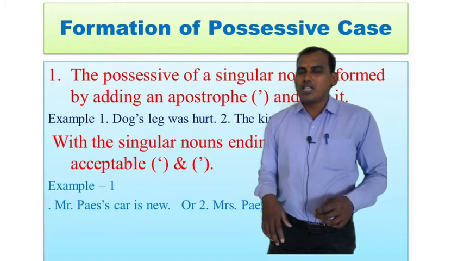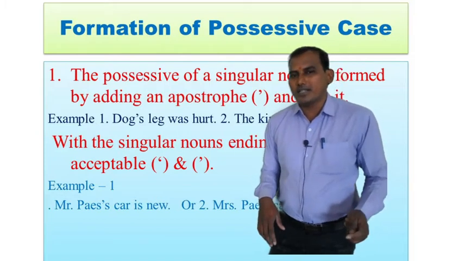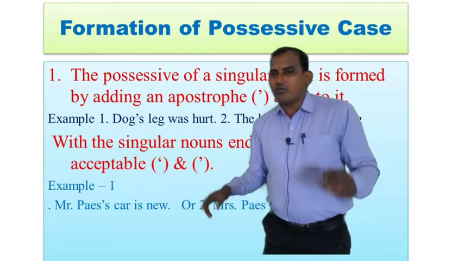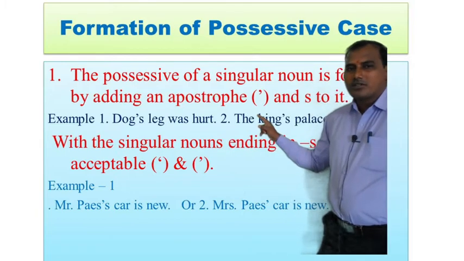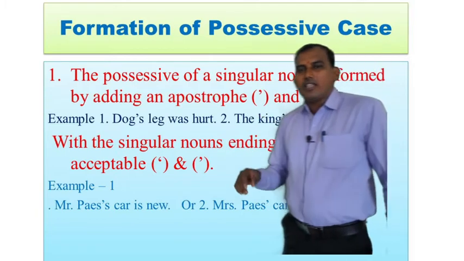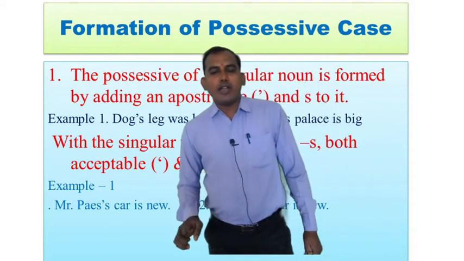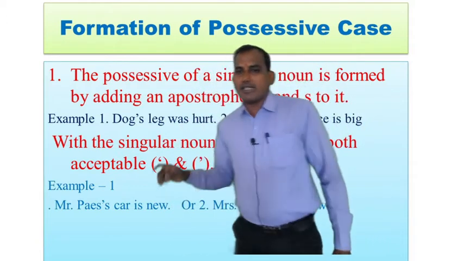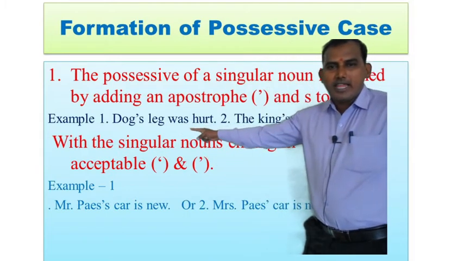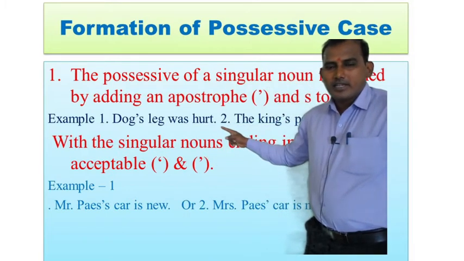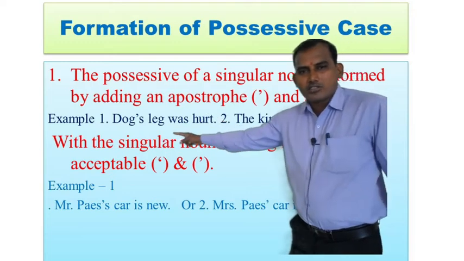Formation of possessive case: how to form a possessive case in the sentence. The possessive of a singular noun is formed by adding only apostrophe and s. For an example, dog's leg was hurt. Whose leg?